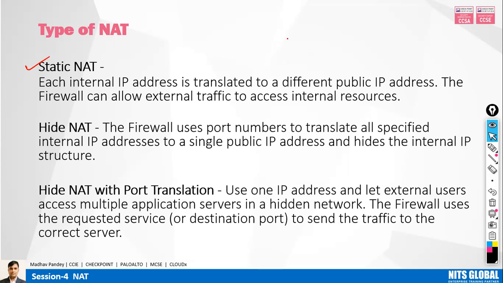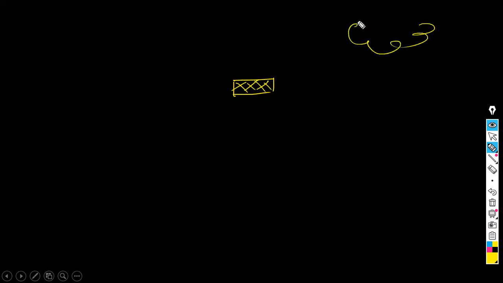For example, let me give you an example. You have a firewall, and you have the internet. You have a public IP address, let's say 192.168.10.126.